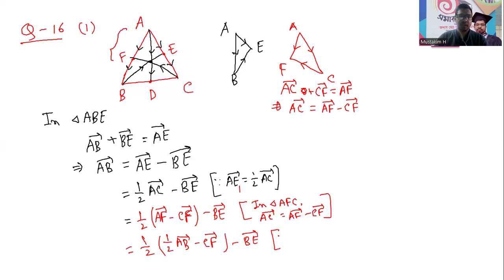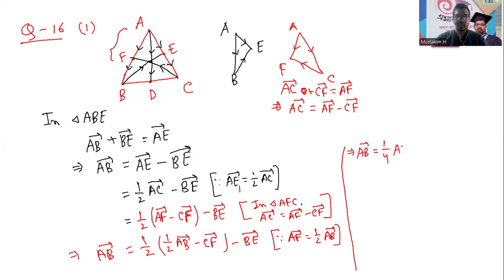So we can write AF vector equal to half of AB vector. So now AB vector equal to 1 by 4 AB vector minus half CF vector minus BE vector.